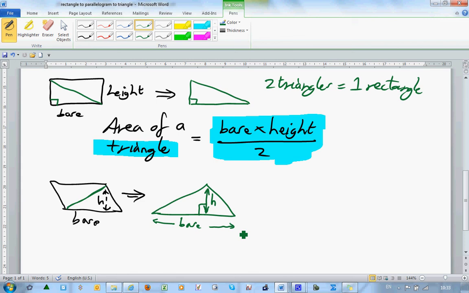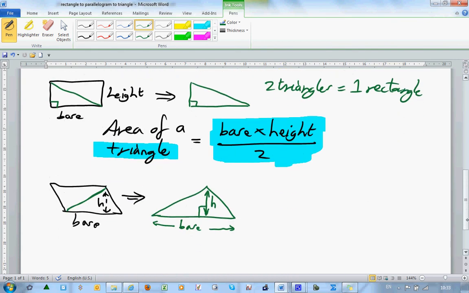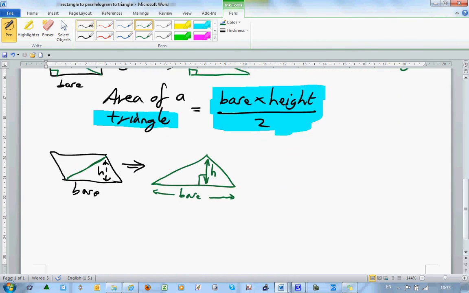So for the area of a triangle, and the difference is it's not a right angle triangle, so this is any triangle, the area is now the parallelogram area, but we only want half that. So in other words, we've now got the area of a different shaped triangle. It's still the base times the height, halved.